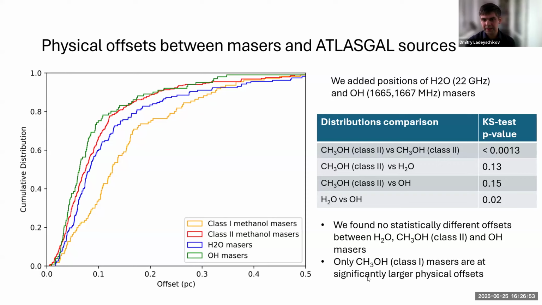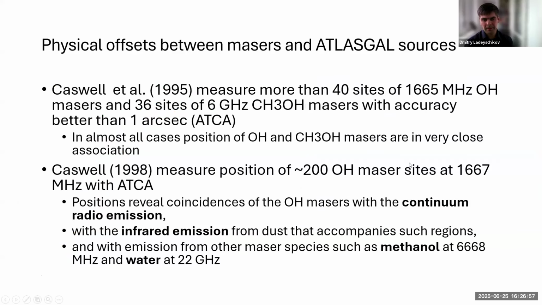This is statistically confirmed by the Kolmogorov-Smirnov test. This is in agreement with previous studies. For example, James Caswell measured positions of 200 maser sites, and he found the same thing. But now we confirm it with larger statistics of more than 300 sources.